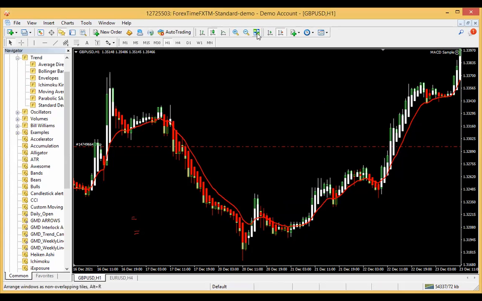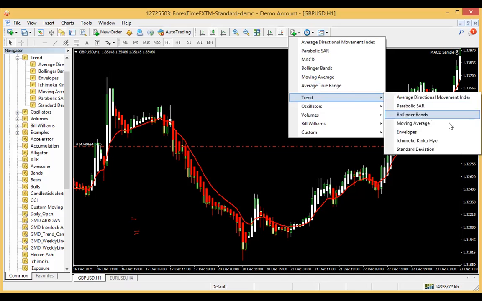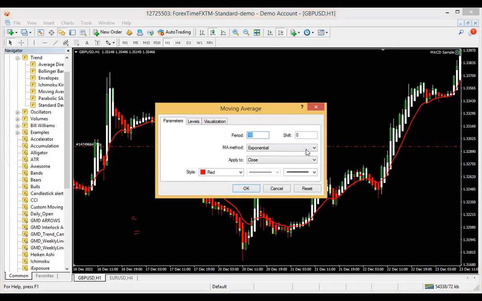Then the next one is the 20 moving average. Apply to close, open. Apply to open. Then you set your 20.